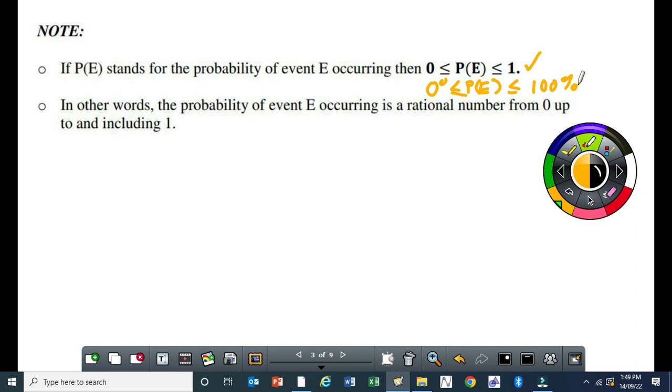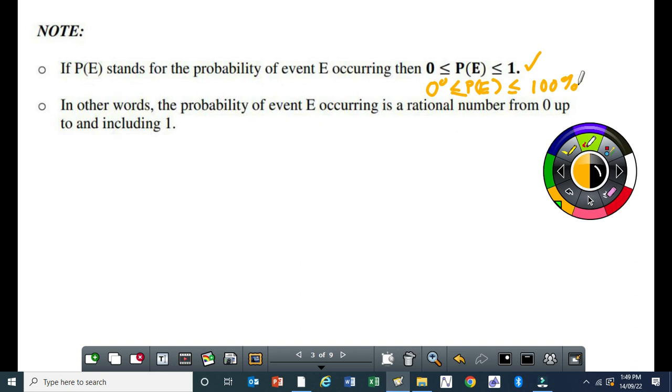I prefer to write them between 0 and 1, that is as common fractions or decimal fractions. So in probability, there are no negative answers. In this topic, until we finish doing grade 11, you don't get negative answers. It's all positive answers throughout. So this is also important for you to know.